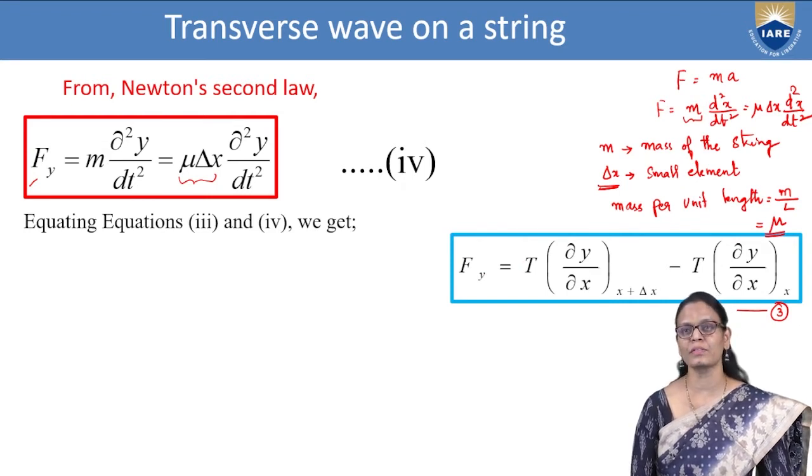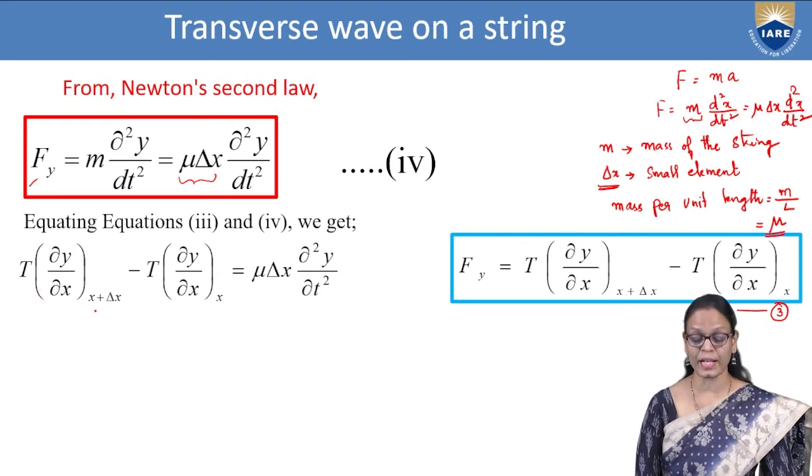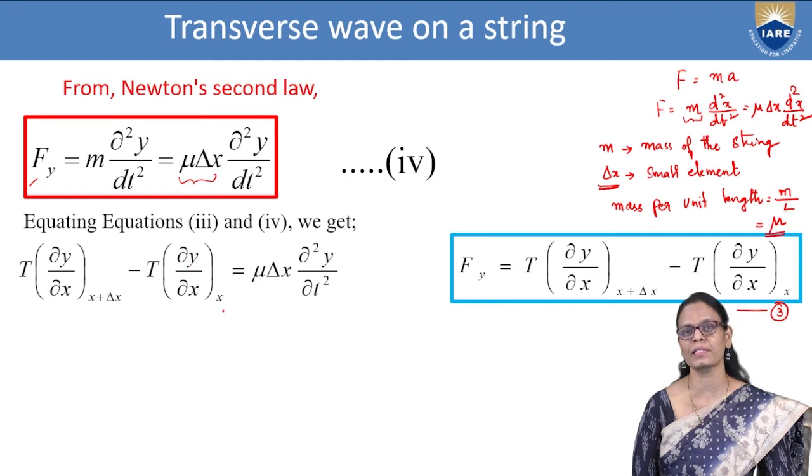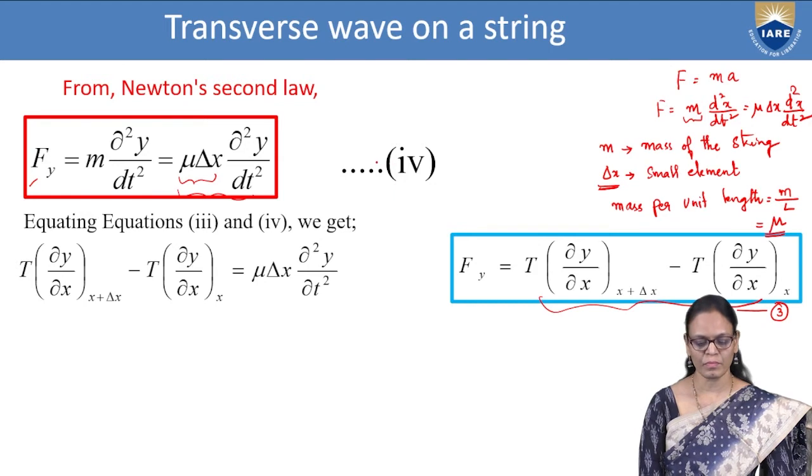From equation 3 we have T ∂y/∂x at x plus Δx minus T ∂y/∂x at x, which equals the right hand side of equation 4, mu Δx ∂²y/∂t².